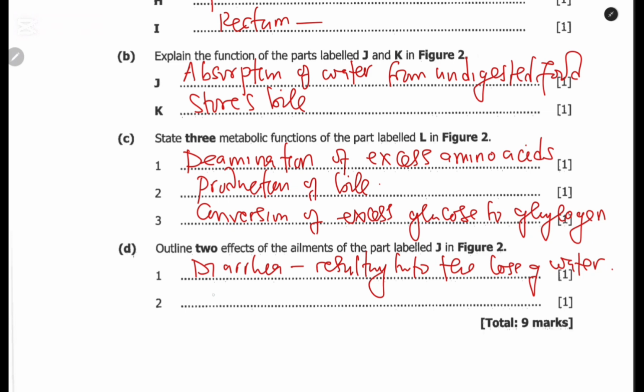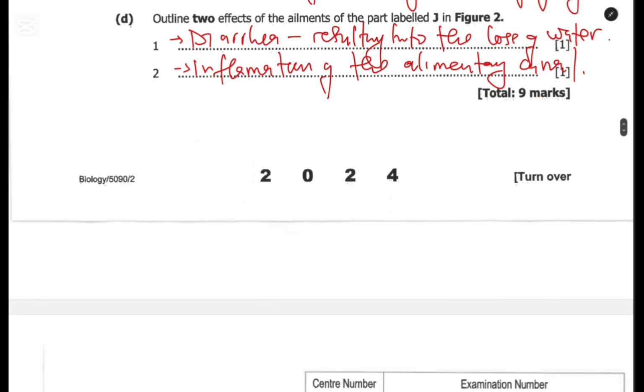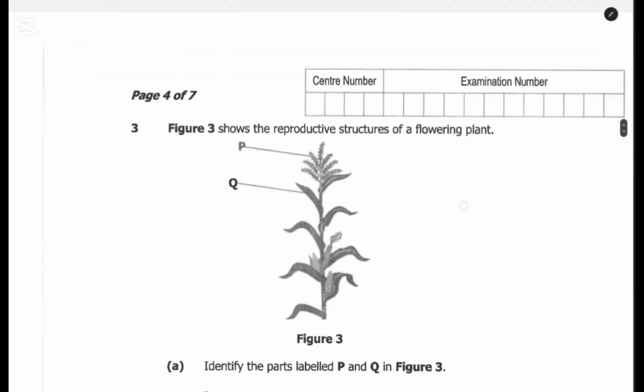Then we can say it might result also into the inflammation of the alimentary canal. Okay, it might swell. All right, so we've answered the second question fully. Let us have a look at the third question.